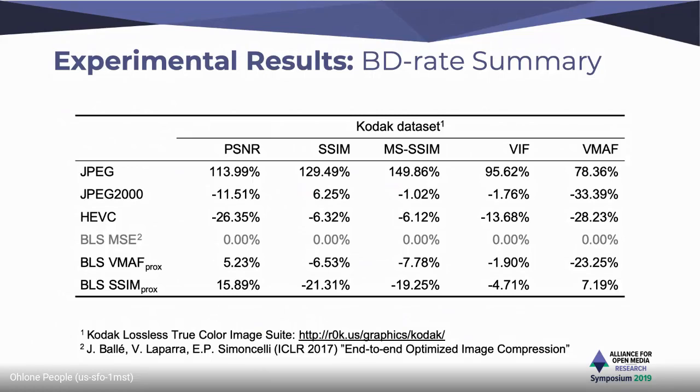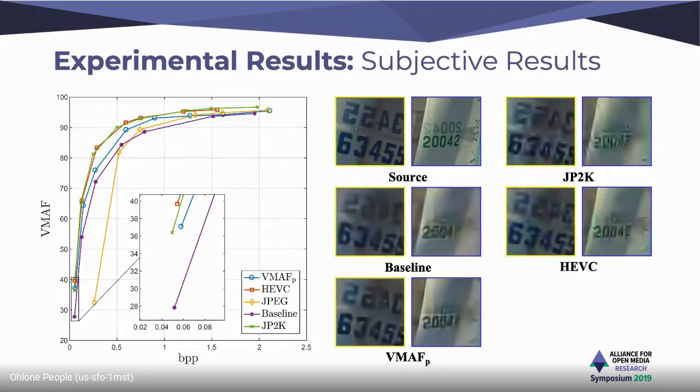But when we apply this on the Ballé model, the performance is still not as good as HEVC Intra and JPEG 2000, because the Ballé model is not the latest one. Actually, we also tried to put this framework on the hyperprior model recently, and we also see a similar coding gain.